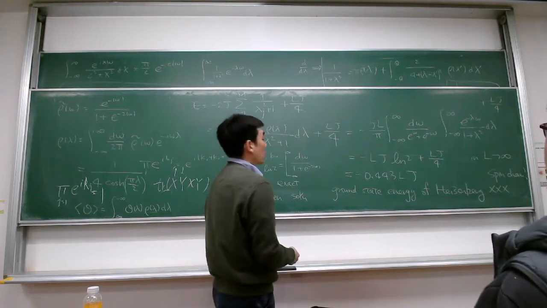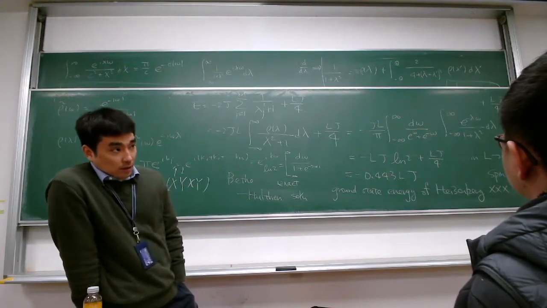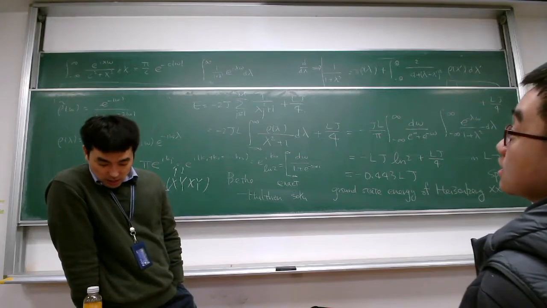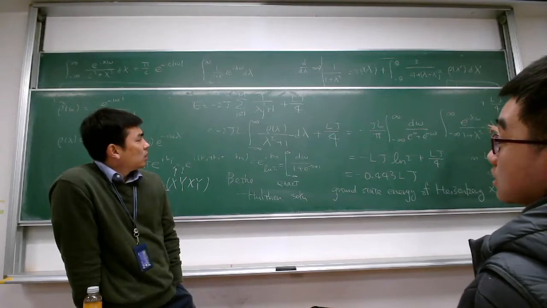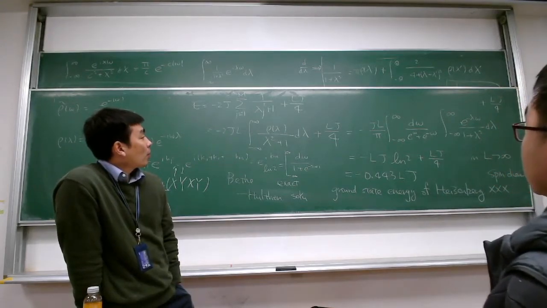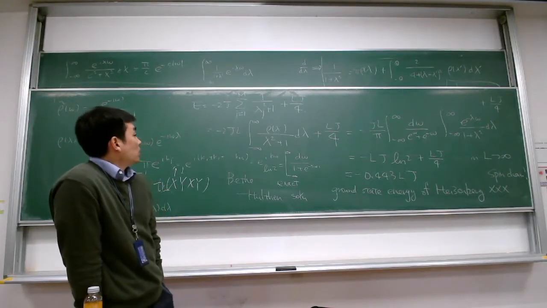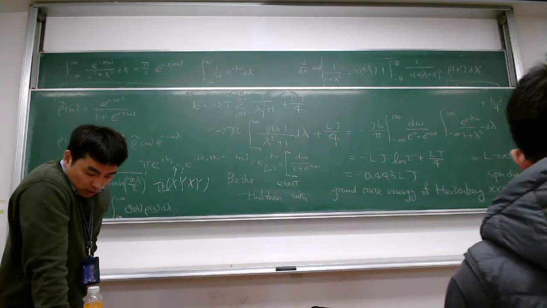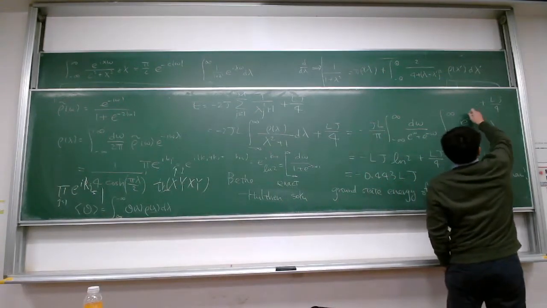Okay. So where is the i? Where does this term come from? Oh, wait. This came from Fourier, sorry. So this is i. Sorry, this is i.